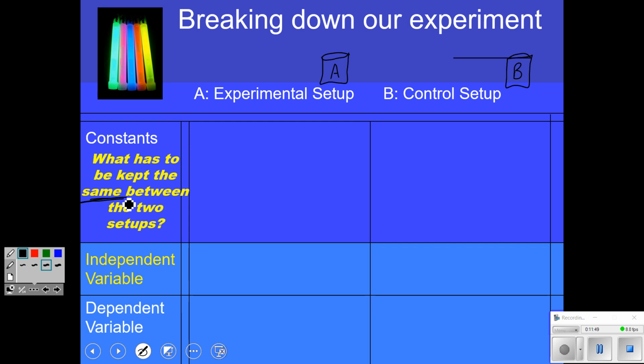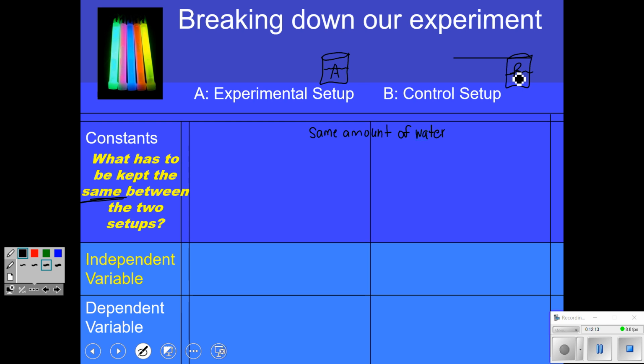What I would say, number 1, you want to have the same amount of water. So in here, you want the amount of water to be right at the same amount. So you would measure it out, say 50 milliliters of water each.